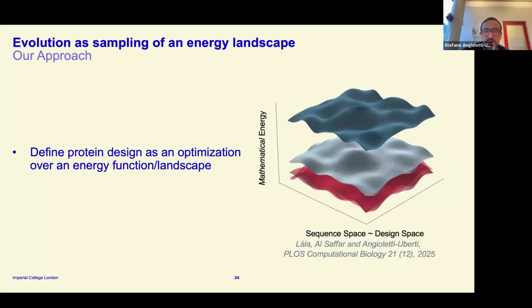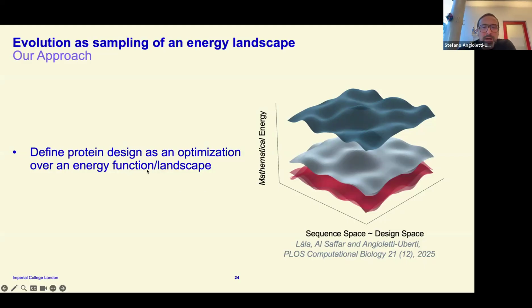Okay, now we talked about directed evolution. So how does it exactly work? You can look at it from a physics perspective, as sampling of an energy landscape. What does it mean?